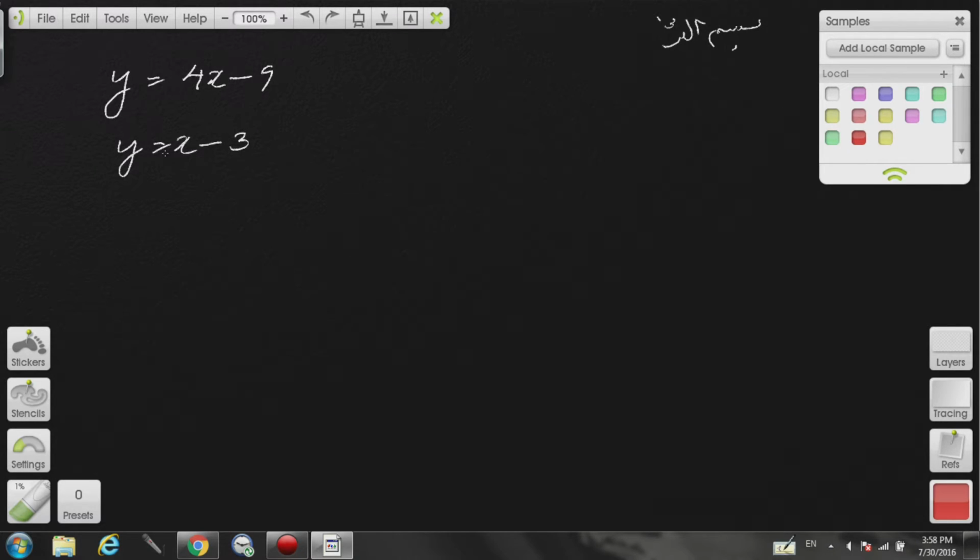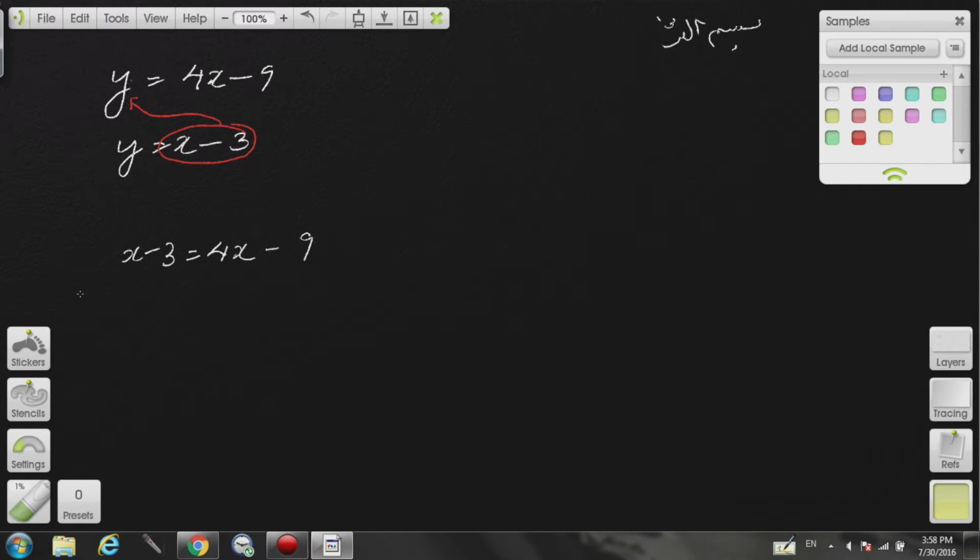So what we do is you take y, which is this, and substitute that in place of y over here, because these two are the same thing. So then you get x minus 3 equals 4x minus 9. And then you solve for x.